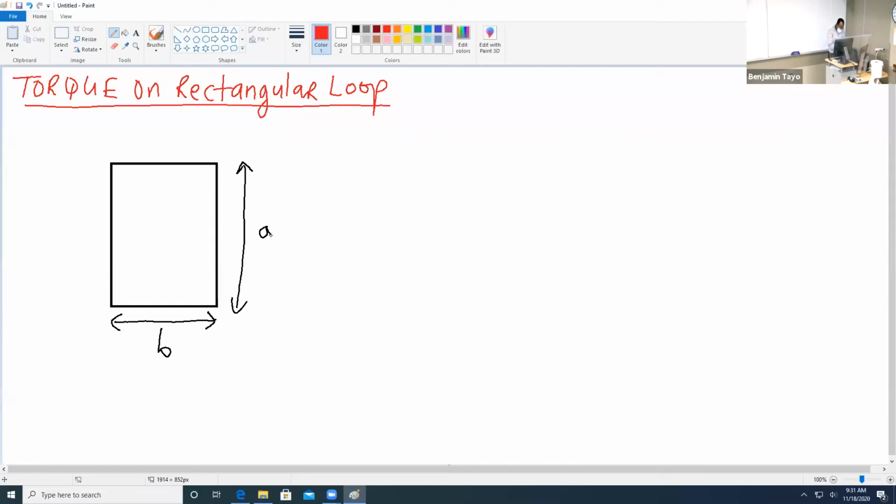Now, this loop carries a current that is pointing in the counterclockwise direction.